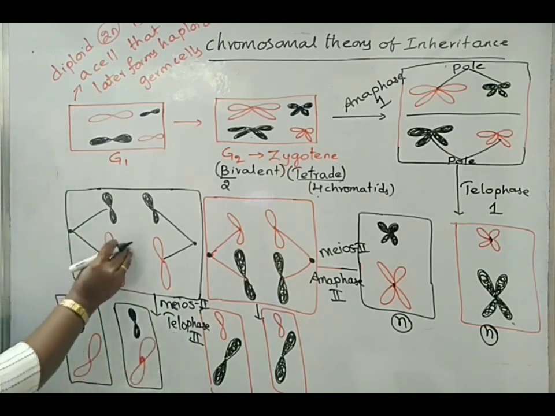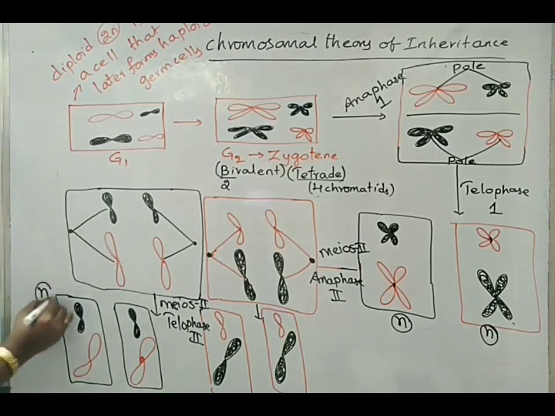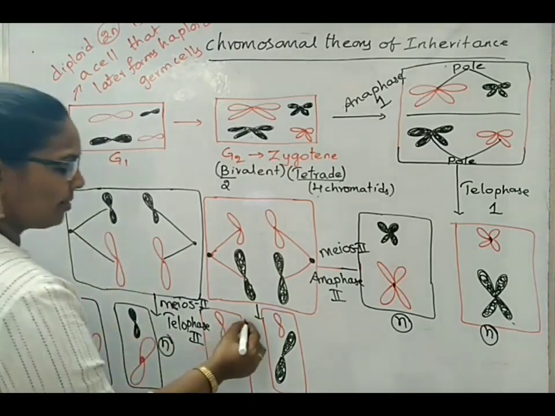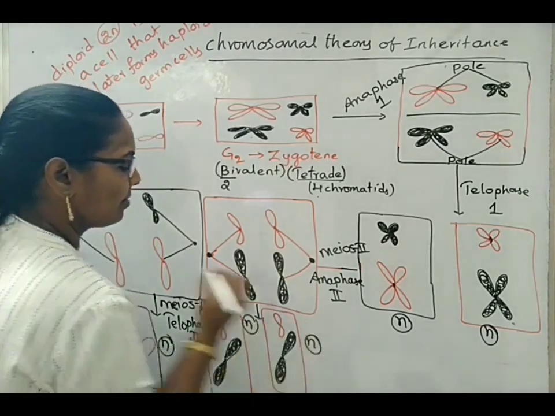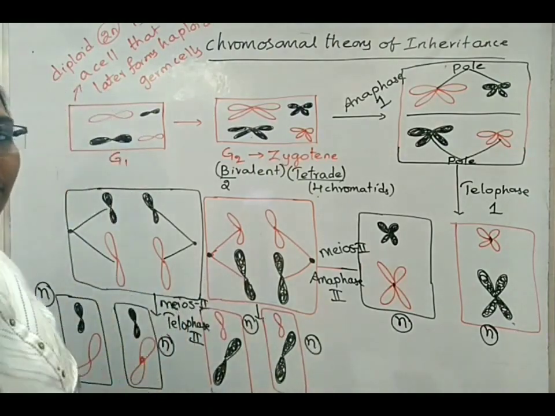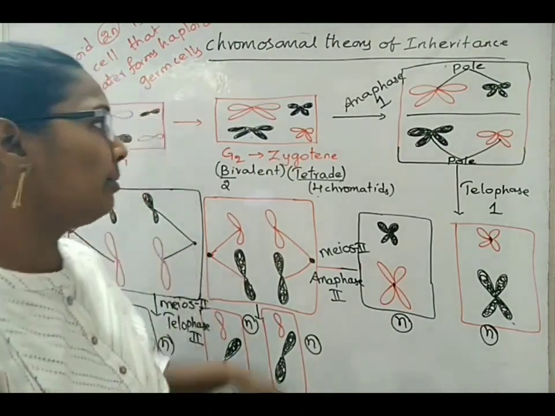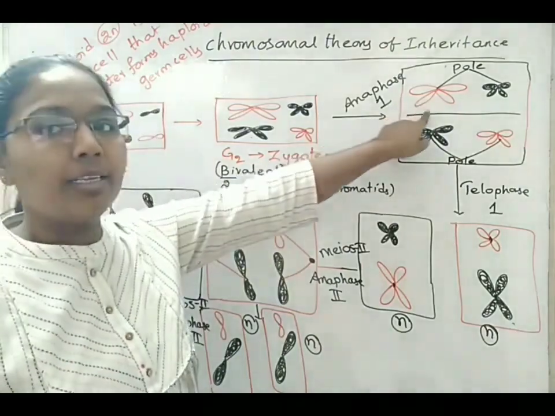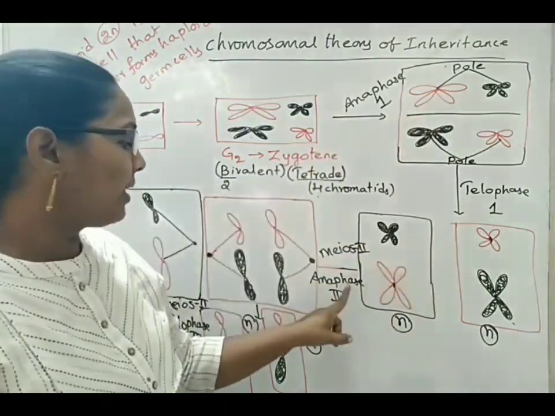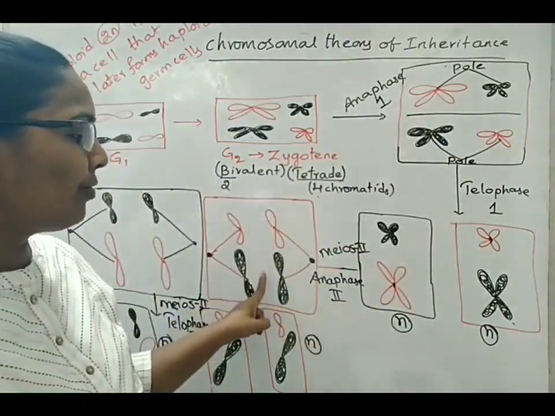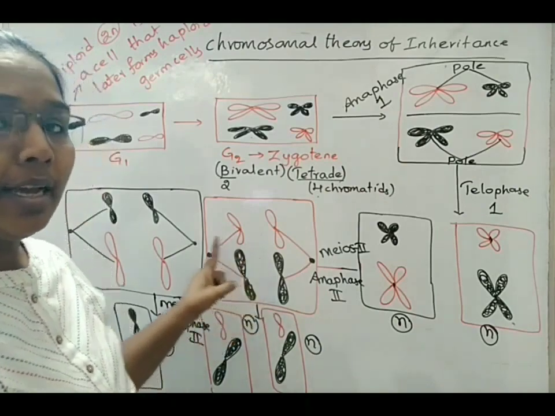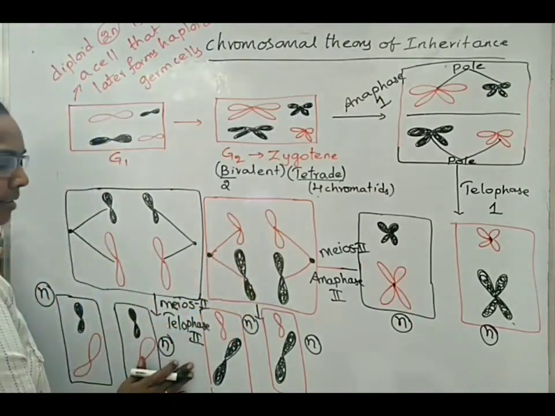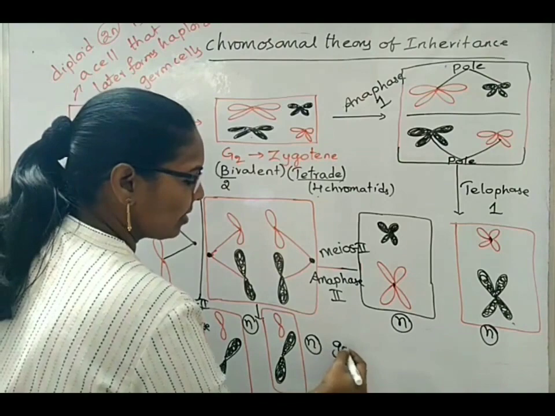So we are getting again the same number of haploid cells. Meiosis 2 is equal to mitosis. Again I am telling, at anaphase 1 there is no centromere splitting, but at anaphase 2 there is splitting of the centromeres, and we are getting the same haploid type of germ cells at the end.